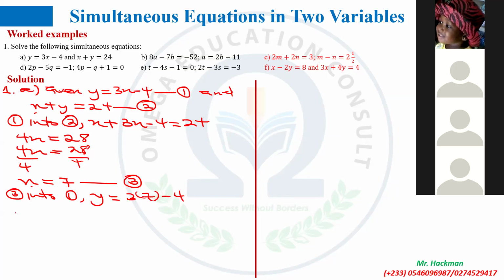That gives us 21, so y will be equal to 21 minus 4, which gives us y equal to 17. Now you draw your conclusion. You are just asked to solve, so don't conclude in a truth set. Therefore, x is equal to 7 and y is equal to 17. All correct.